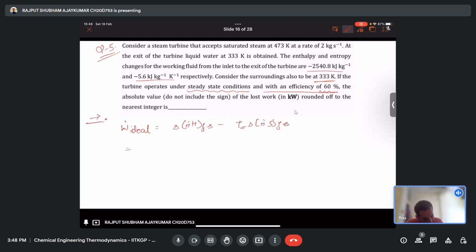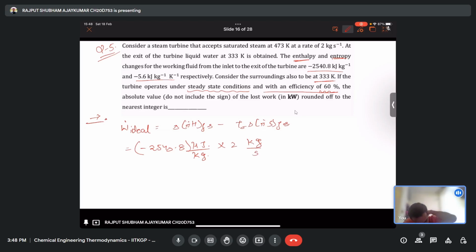The enthalpy and entropy change have been given to us: first is the enthalpy, minus 2540.8 kilojoule per kg, times the flow rate of 2 kg per second.